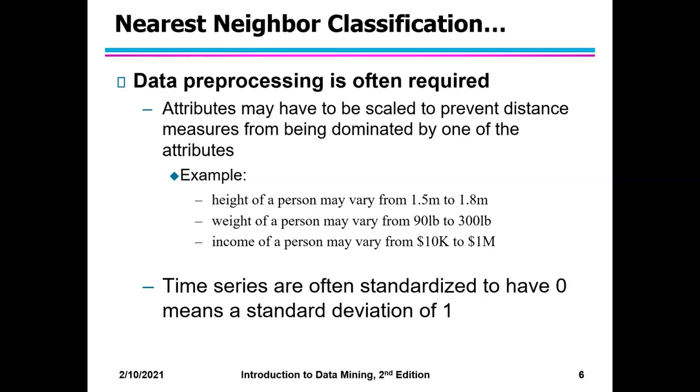Okay, so usually in all kinds of algorithms, we do some pre-processing, or we call it cleansing of the data. Attributes may have to be scaled to prevent the distance measure from being dominated by one of the attributes, right? There could be different attributes, for example, you can check the height of a certain object, you can compare the weights of different objects, you can compare the income of a person, right?